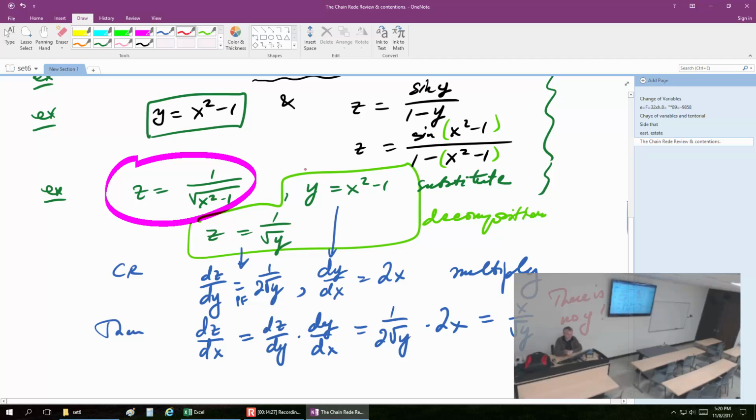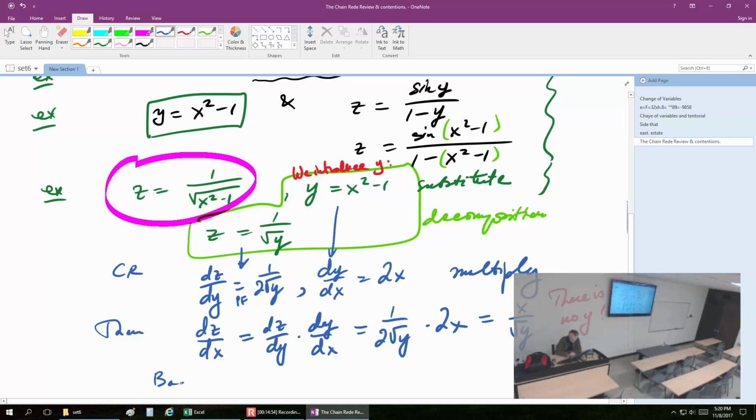The y was introduced, so we introduce y. You can think about it as if your boss gave you a problem to be solved in terms of x, and then you sit down and start solving it and you introduce y. But then you have to give the answer in the same form the problem was posed. So z is a function of x, there is no y, so you have to get rid of it.